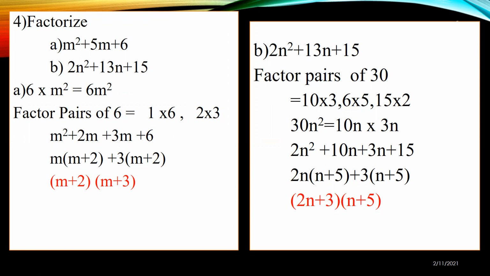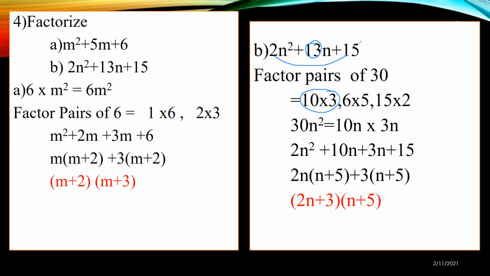So first, what you have to do is multiply the power term and the number. When you multiply 2 times 15, you get 30n squared. Then your next step, you have to write the factor pairs of 30, and my middle number is 13. 10 times 3, 6 times 5, 15 times 2. So I have to select the correct factor pair.